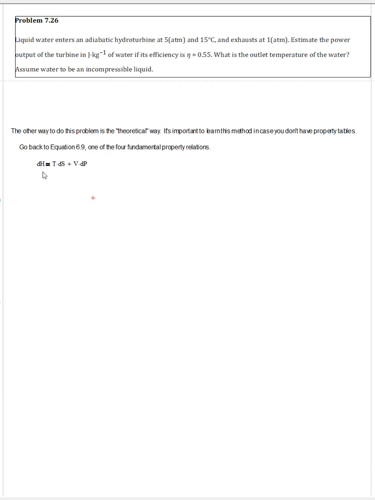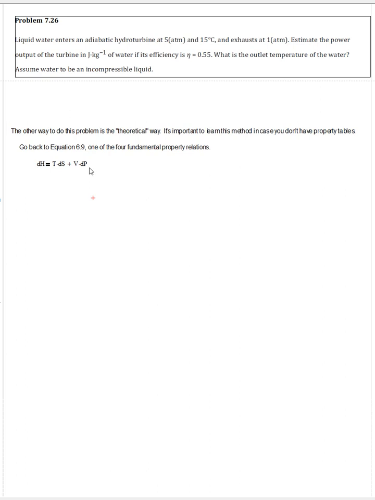So again, we start with this fundamental property relation, equation 6.9 in your textbook, which says dH is equal to TdS plus VdP. We're given the efficiency, and remember this efficiency is with respect to isentropic operation, so we're going to jump immediately to the isentropic case, where dS is equal to 0.